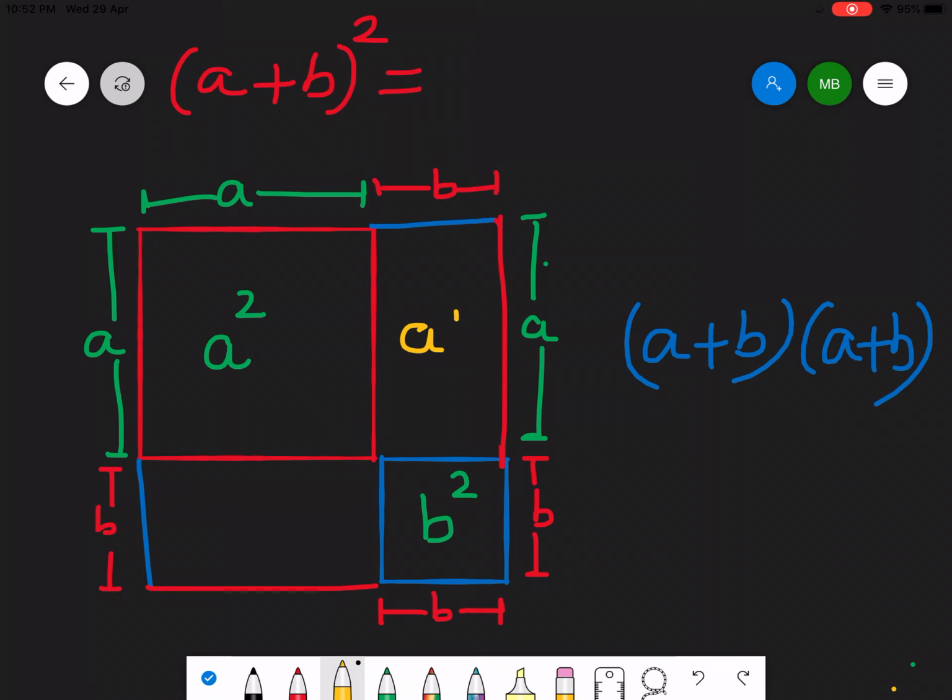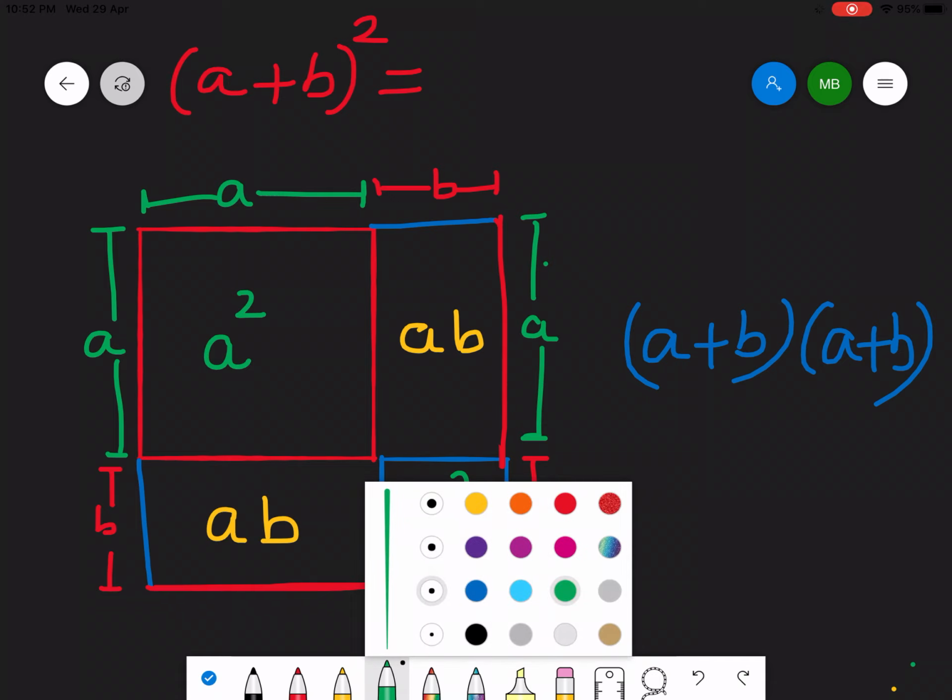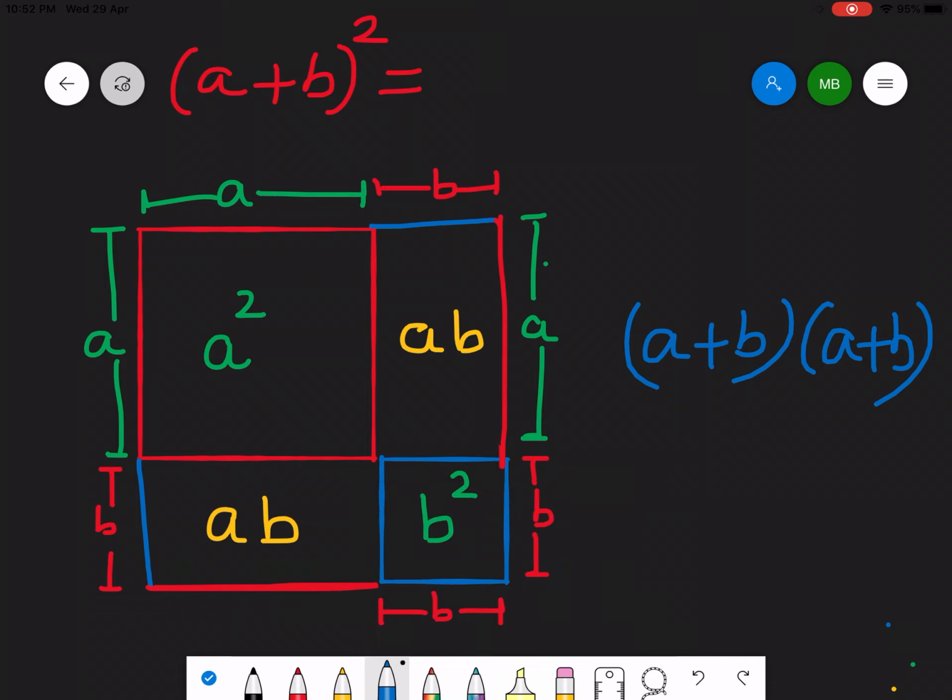What will be the area? a times b, isn't it? Same is the area of this rectangle over here, a times b, because this side over here is of length a and this side over here is of length b.